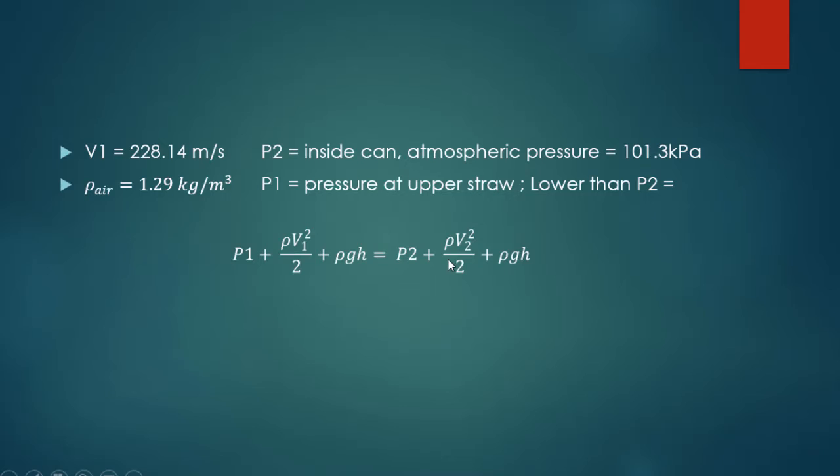Let's assume that the air velocity inside the can is stationary, so we can assume that V2 is 0. Then we get the equation like this.